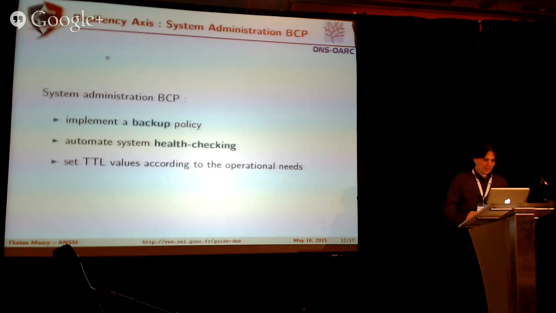Concerning the technical aspects, there are very obvious recommendations, that is to implement a backup policy, automate system health checking, and to set sensible TTL values and to not override them. That's for the resolver part, because often TTL values implement a policy with good reason to select this TTL, so we try to convey this message.